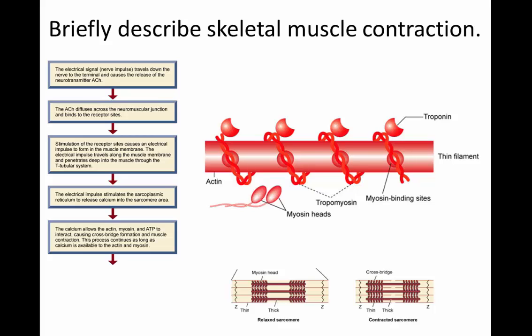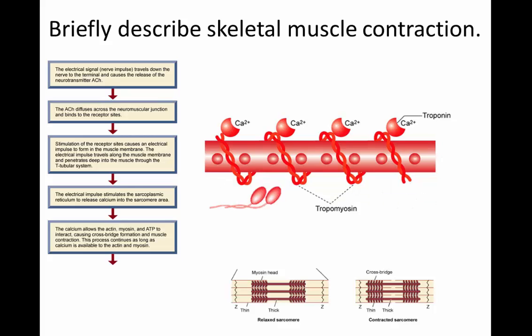The tropomyosin has troponin attached to it, which are shown at the top of the image here. And so under relaxed conditions, the troponin is bound to the tropomyosin, and the tropomyosin covers over the active sites of the actin, the myosin binding sites, and the myosin heads cannot attach to it. But when calcium comes in, notice what has happened.